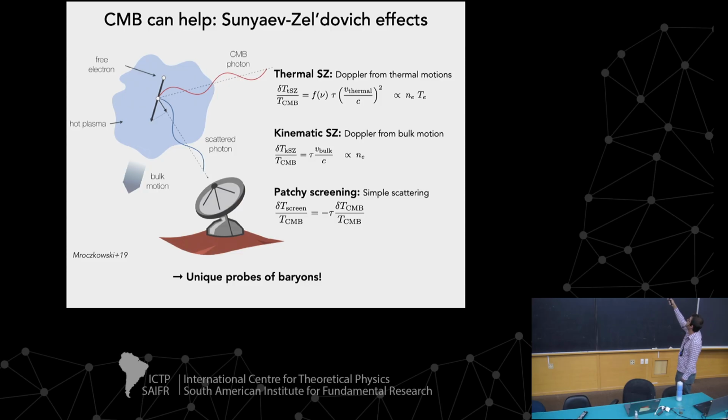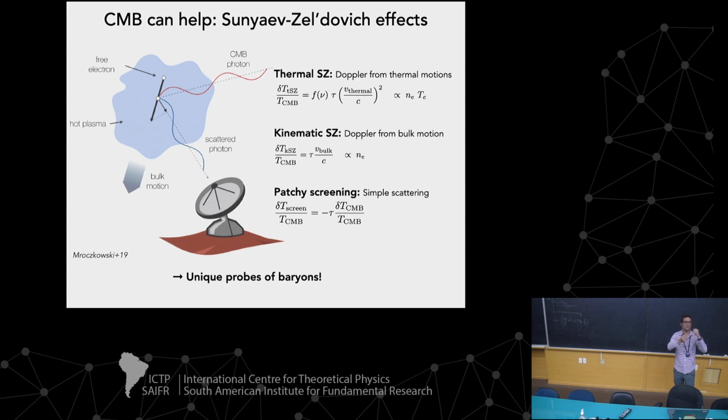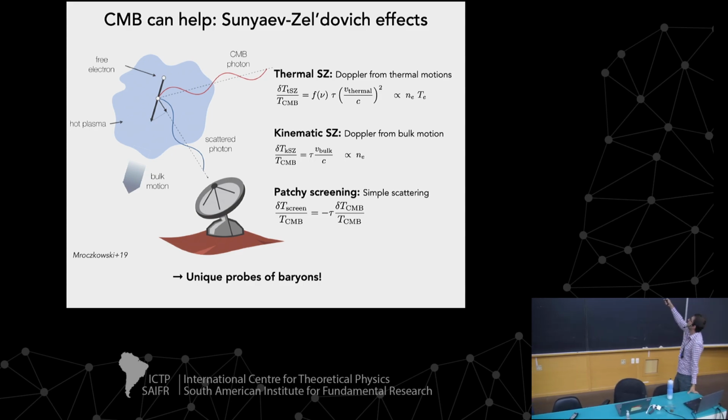And it still depends on how opaque your gas is. Now at lowest order, it goes as v over c squared as opposed to v over c, because the mean v over c is 0. With thermal motion, half of the electrons are moving towards you or away from you. And so this effect tells you about how many electrons, so density, times their mean square velocity, which is basically their temperature.